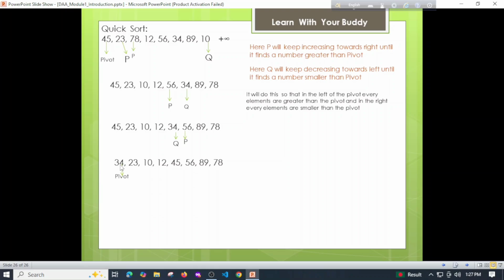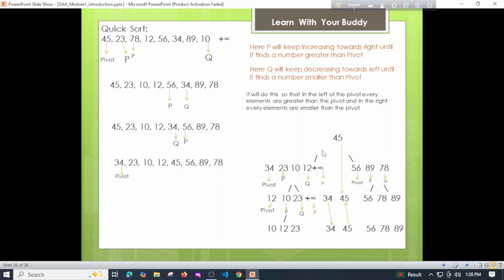And you can see that 45 is at an index where on the left side all the elements are smaller than 45, and on the right side all the elements are greater than 45. So 45 is in its right place. I hope you have got this so far. We will not move 45.